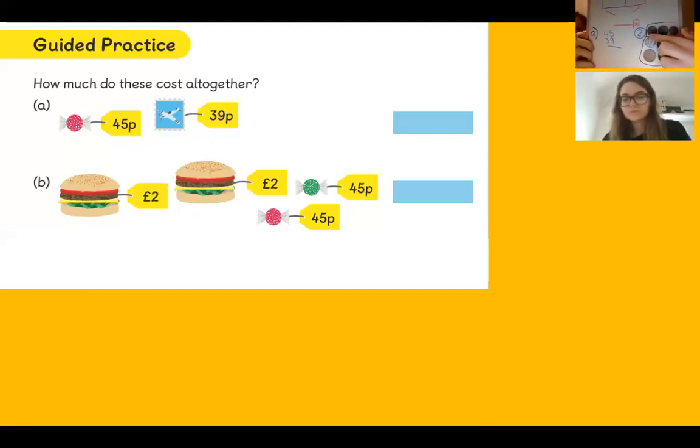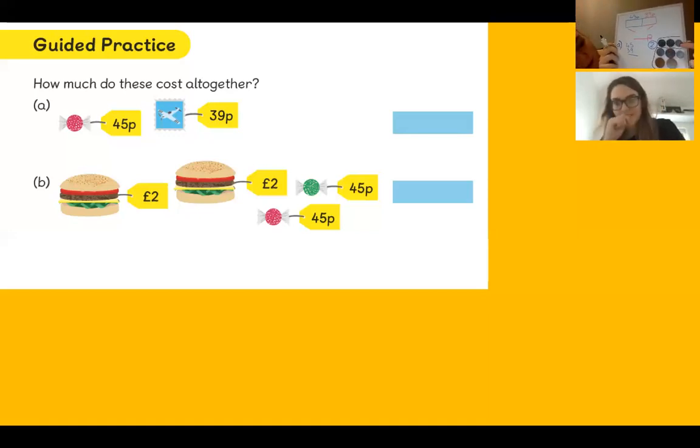So 20p, add 20p is 40p, add another 20p is 60p, add 10p is 70p, add 5p, 75p, add another 5p, 80p, add 2p, 82, add another 2p, 84. Good. So the answer altogether is 84p.